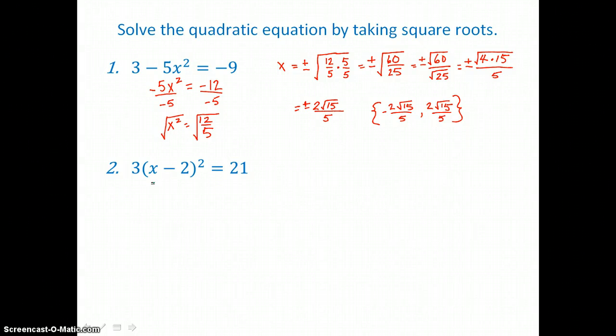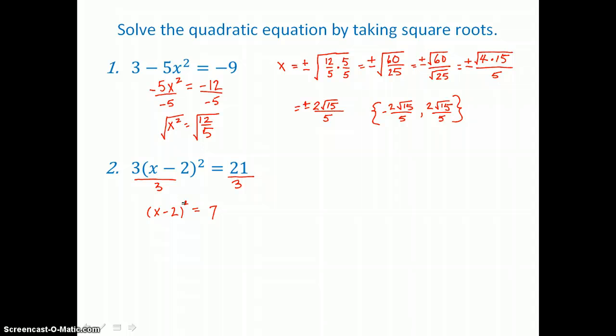Okay, in this second example, I can see that I have a quantity squared that includes my variable x. So to solve this equation for x, I'm going to leave that quantity squared. I'm going to get it alone by dividing both sides by 3, so that I have x minus 2, the quantity squared, equal to 7.